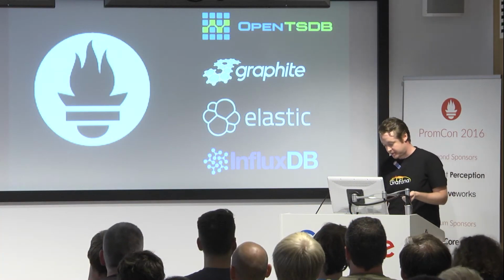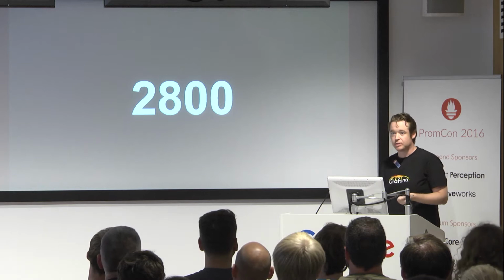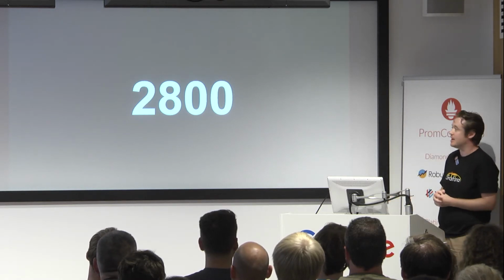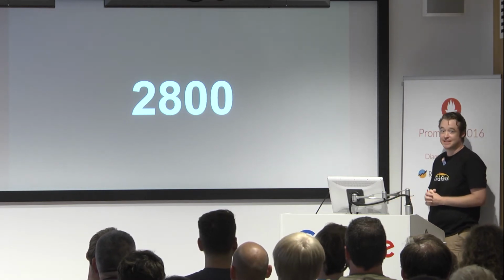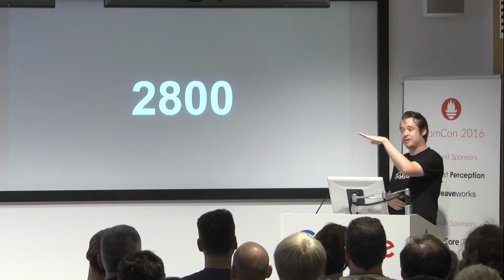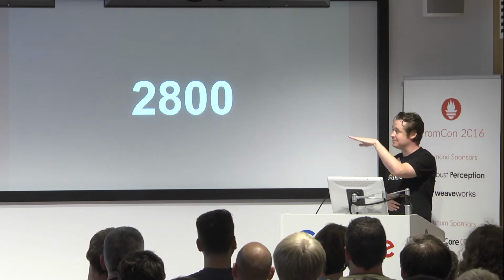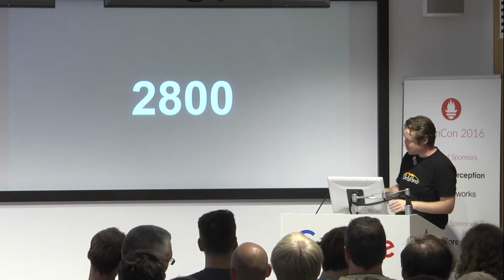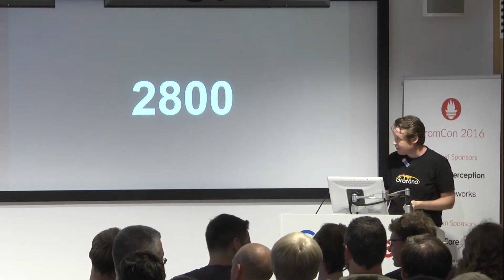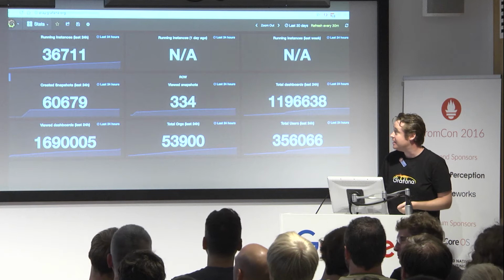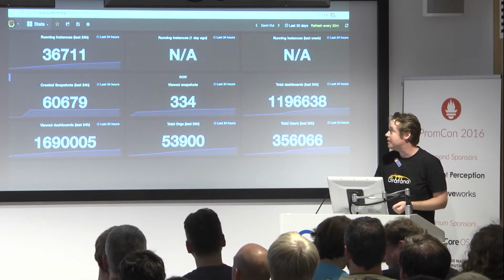And when I checked that yesterday, there's about 2,800 Grafana installations that has Prometheus, which I think is kind of great. The usage increase has been steady since a year ago, so I think this is almost worth celebrating.